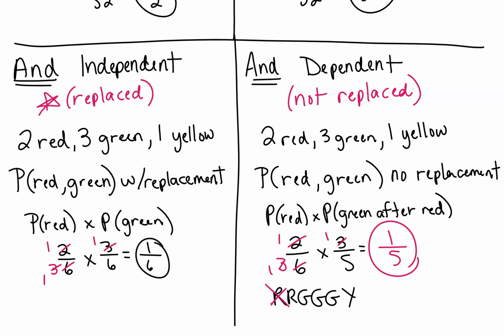Which one of those is more likely, for it to happen with replacement or for it to happen without replacement? Without replacement, because 1/5 is bigger. And the higher the probability, the more likely something is to occur. What's the probability of something that cannot occur? 0. What's the probability I choose a student in this room out of a hat and they're 16 years old? 0, because none of you are 16.